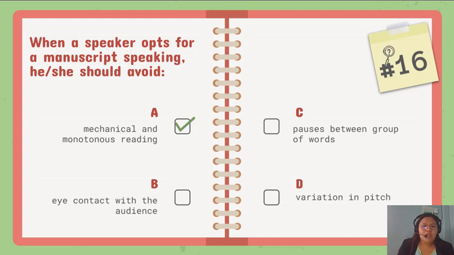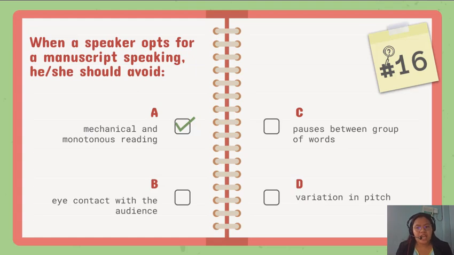Number 16. When a speaker opts for a manuscript speaking, he or she should avoid A. Mechanical and monotonous reading, B. Eye contact with the audience, C. Pauses between group of words, or D. Variation in pitch.